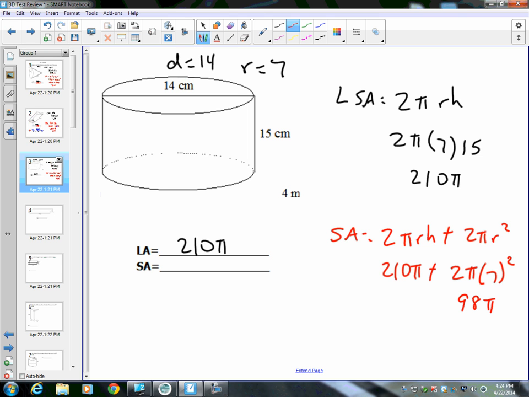And that is being added to our 210 pi. If you add these two together, 210 plus 98 gives us 308. Then we tag along that pi. Total surface area, 308 pi.